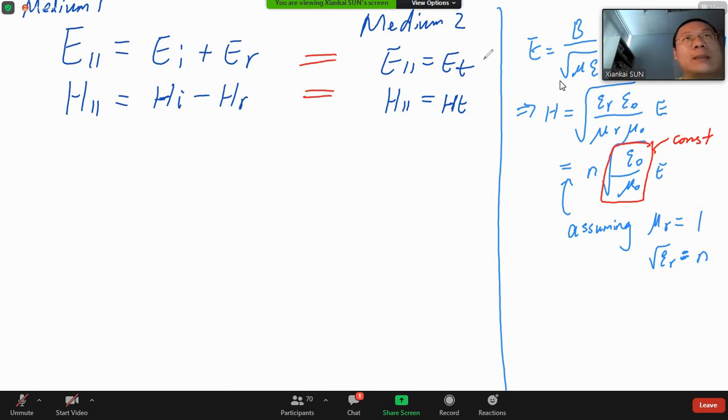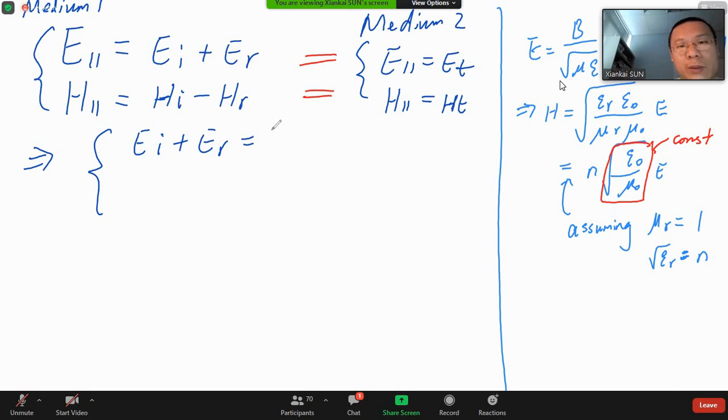Back to the left hand side, you have two equations. EI plus ER equal to ET, the first one. Second one, N1 EI minus N1 ER equal to N2 ET. Alright, so far so good.